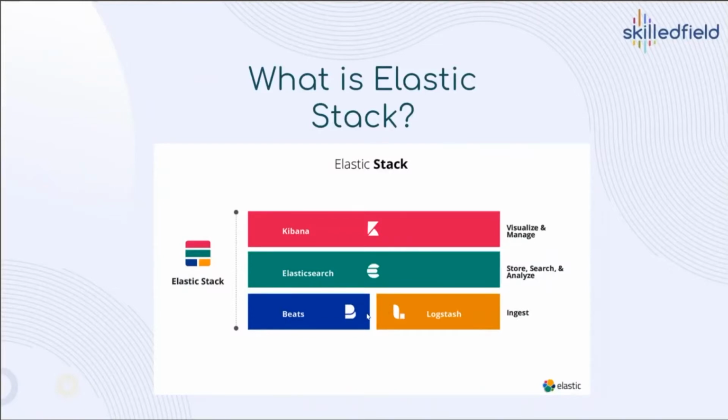So what are Beats? Beats are lightweight data shippers that you can install on your host. They are very lightweight, so you can just ingest data using Beats from your host to Elasticsearch, which is the output in our case. Let's say you are interested in measuring the CPU percentage of any system you want to monitor.